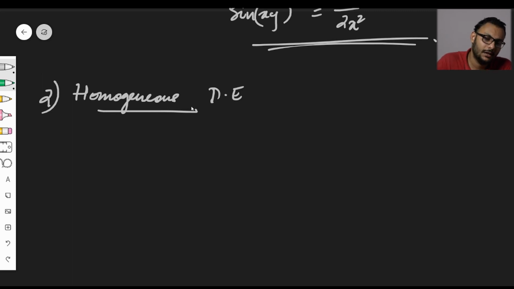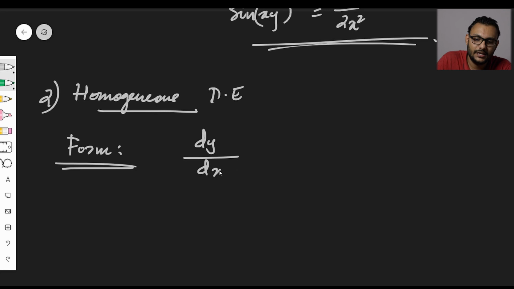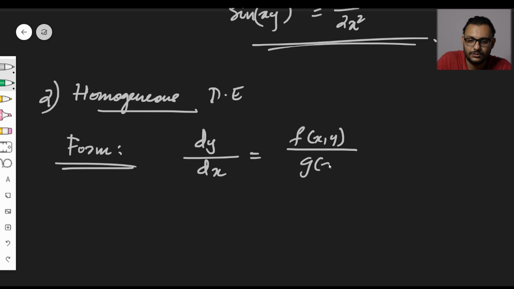Basically, a first order homogeneous differential equation is this: if a differential equation can be expressed in the form dy by dx is equal to f of xy by g of xy, provided the degree of these two functions f and g is the same.